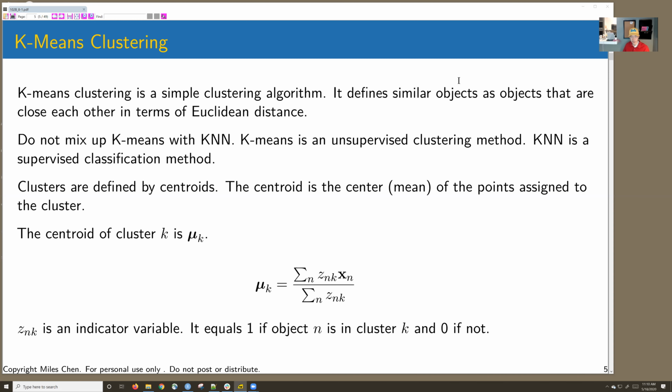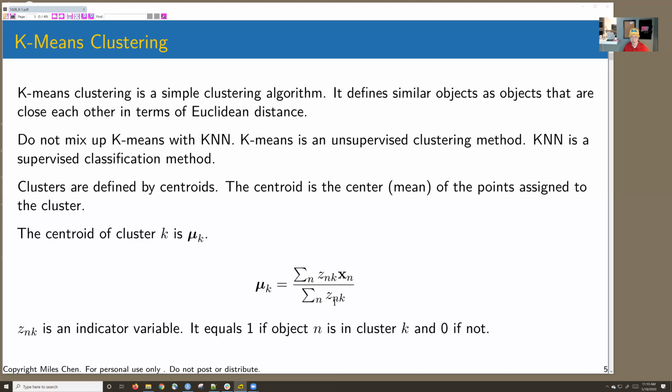And the formula for finding the centroid is the sum of z sub nk times x sub n, divided by the sum of z sub nk. Basically, z nk is equal to 1 if object n is in cluster k and 0 if it's not.